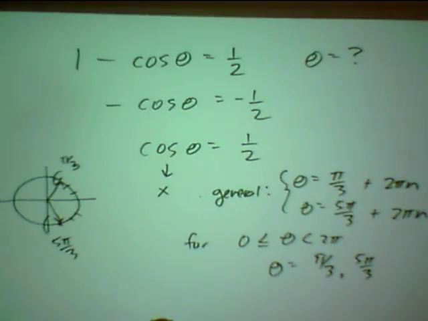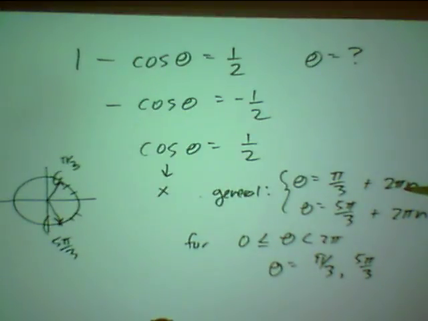Now, let's see if there are more values of theta between 0 and 2 pi. When n is 1, I have pi over 3 plus 2 pi, which is obviously going to be larger than 2 pi.